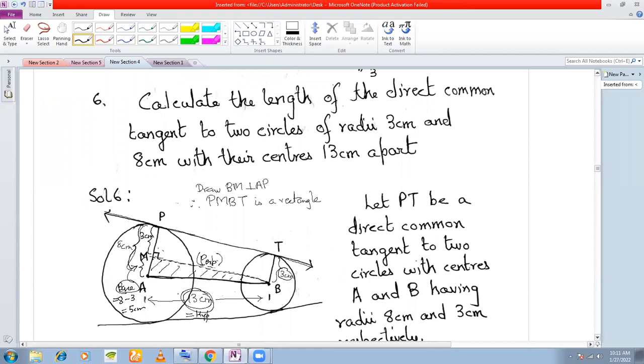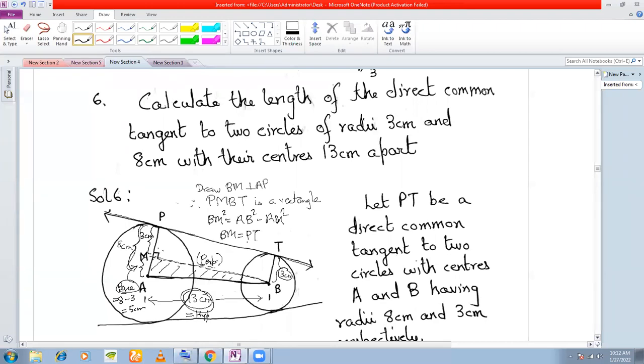From Pythagoras theorem, I can calculate the perpendicular, which will be the required length of the direct common tangent. BM square is equal to AB square minus AM square. So I can calculate the length of BM. And once I calculate the length of BM, BM must be equal to PT.